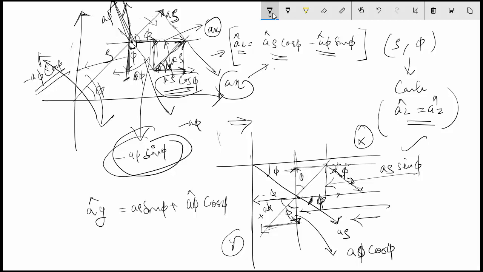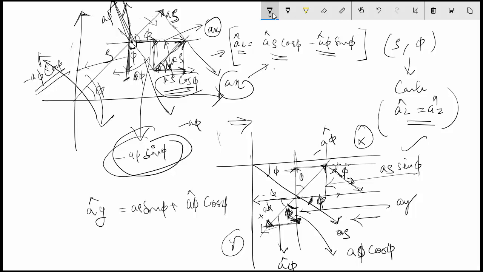This is your a rho unit vector, and 90 degrees to that is the unit vector of a phi and minus a phi.